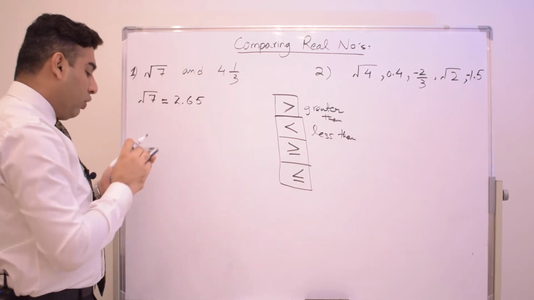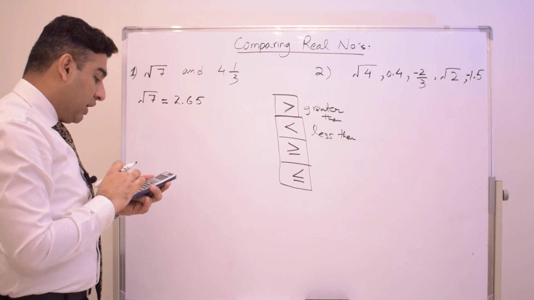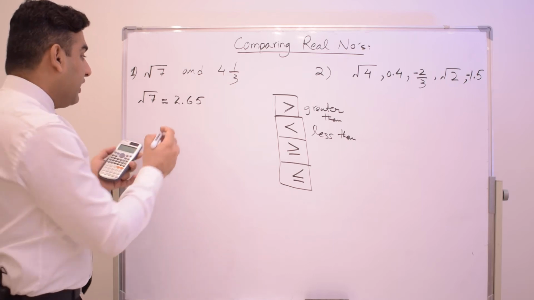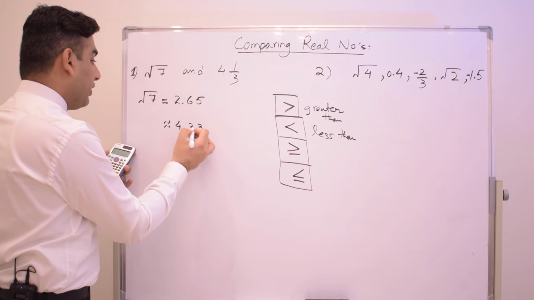Let's go for 4 whole 1 over 3. I will put 4 whole 1 over 3 in the calculator and check the answer. It is approximately 4.33.